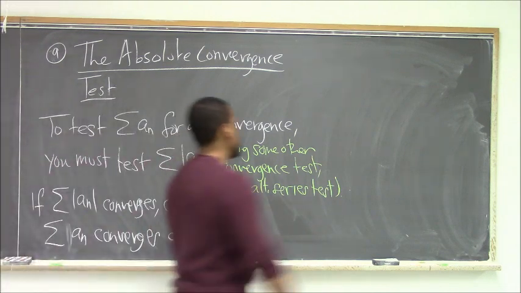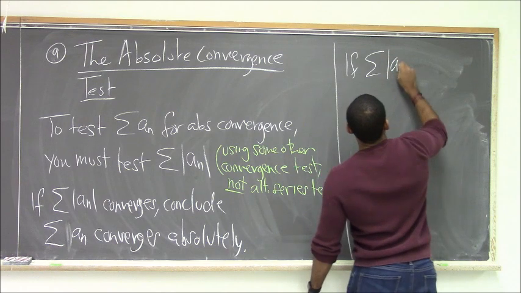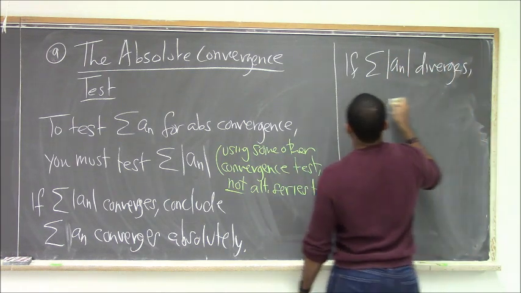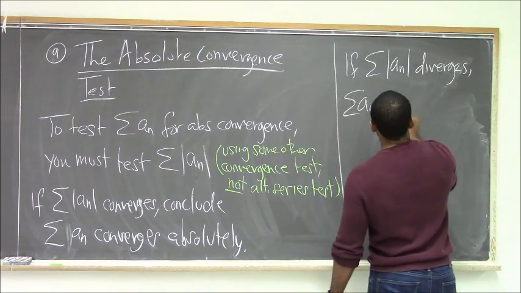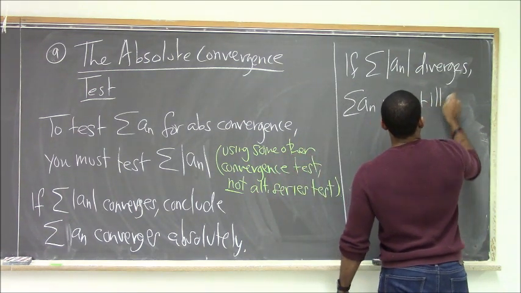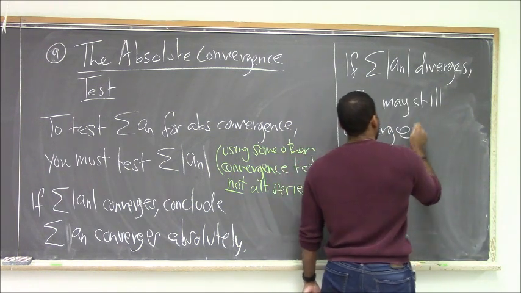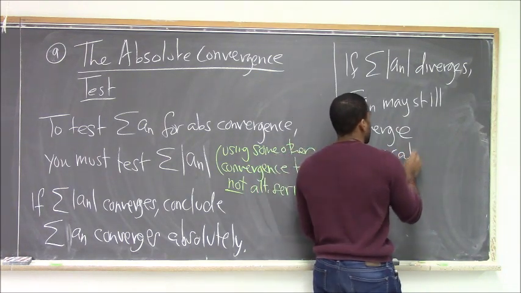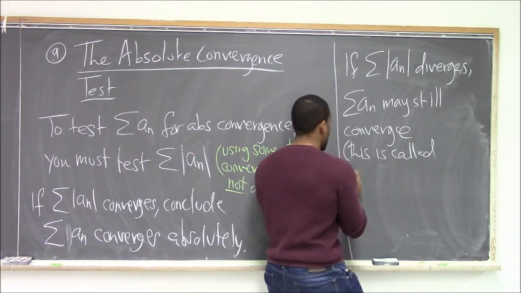It's also worth mentioning, if this series diverges, the original series may still converge. This is called conditional convergence. I mentioned this to you before, but let me just remind you. This is called conditional convergence.